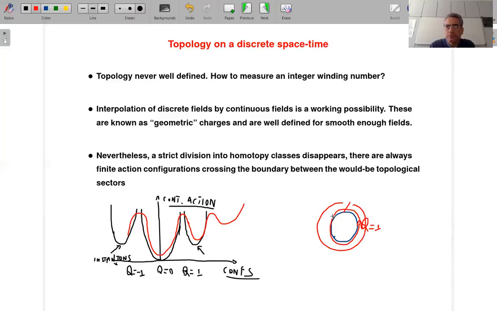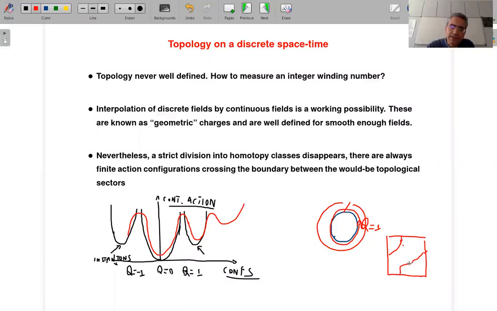But if you pretend it to be continuous, so the action to be finite, then you cannot change the winding number. Maybe it is clearer if I draw it on the two-dimensional torus with periodic boundary conditions: if you have a path which winds once around the lattice, and you perform a continuous modification of this path, you will always stay with a non-trivial winding number.